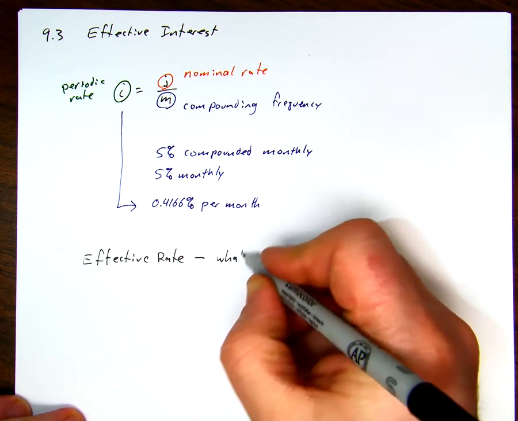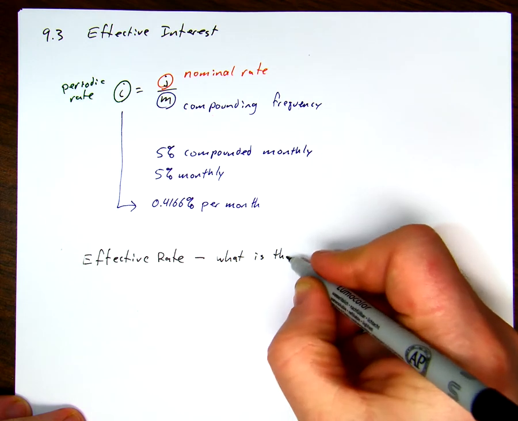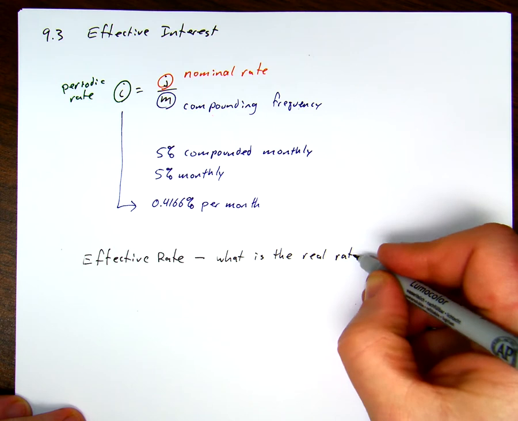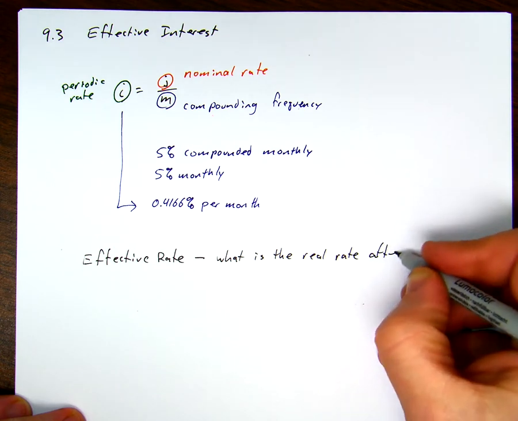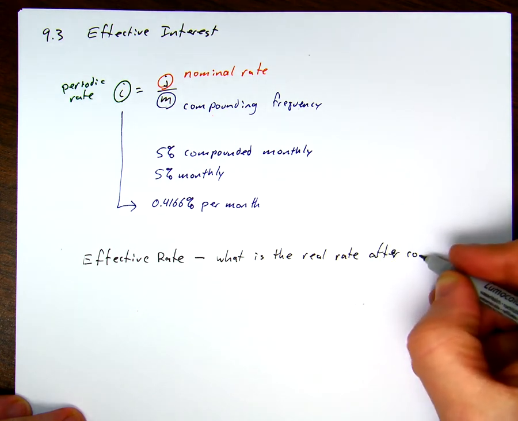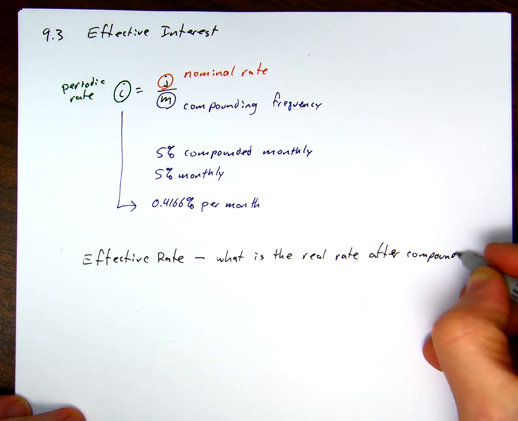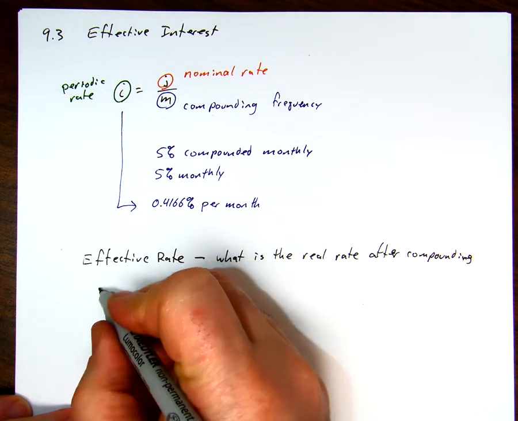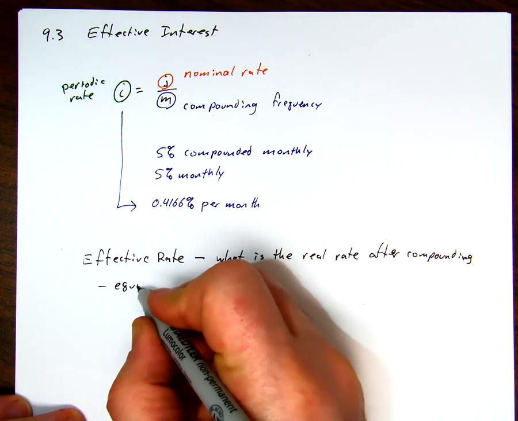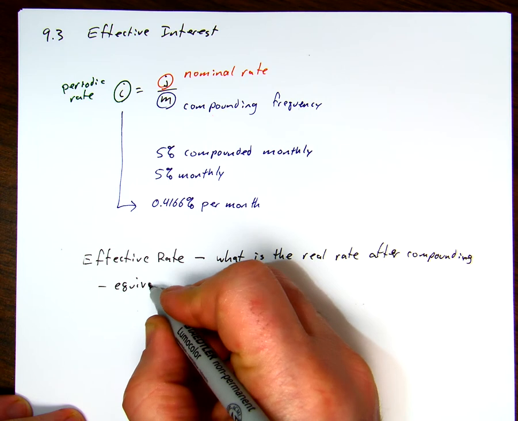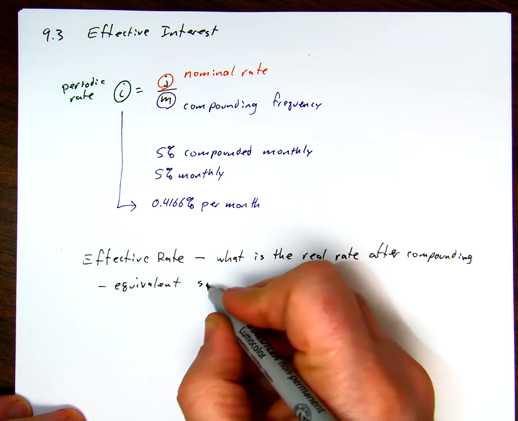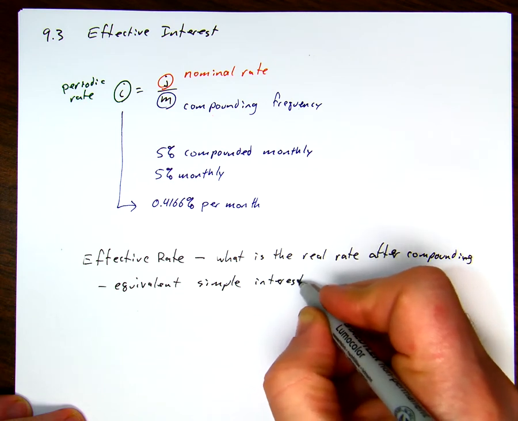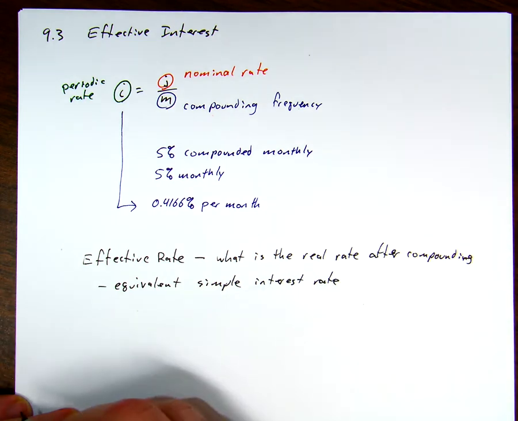So what is the real rate after compounding? Another way to think of it is, what is the equivalent simple interest rate for a compounded rate?